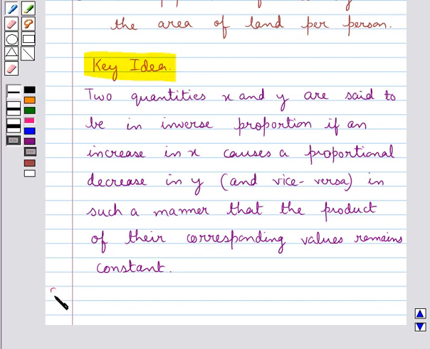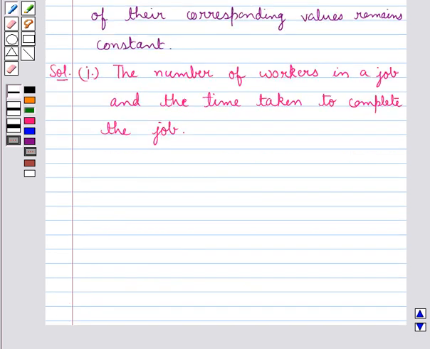Let's move on to the solution. The first statement given to us says the number of workers in a job and the time taken to complete the job. We have to check if it's in inverse proportion or not. Here we have number of workers as one quantity and the time taken as the second quantity. Clearly you can see the more the number of workers to complete the job, less the number of days or time taken to complete the job.